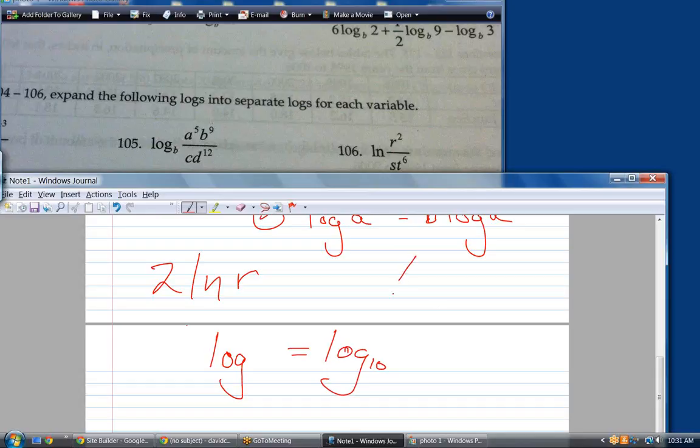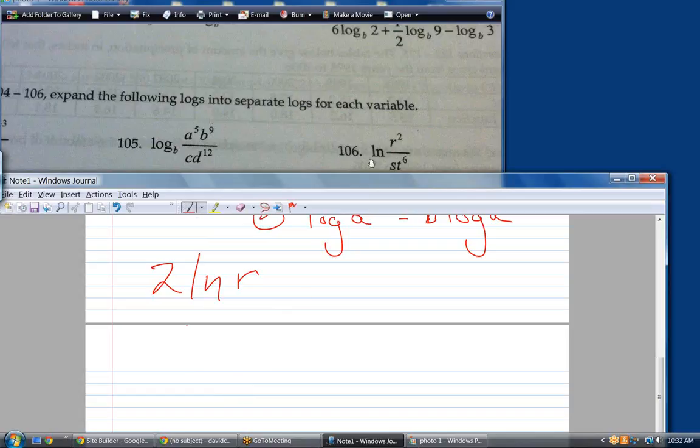Same way that if I write natural log without a base, it means log base e. That's why you say natural log instead of log base e. You say it in one word, natural log, and then you don't have to say the base.